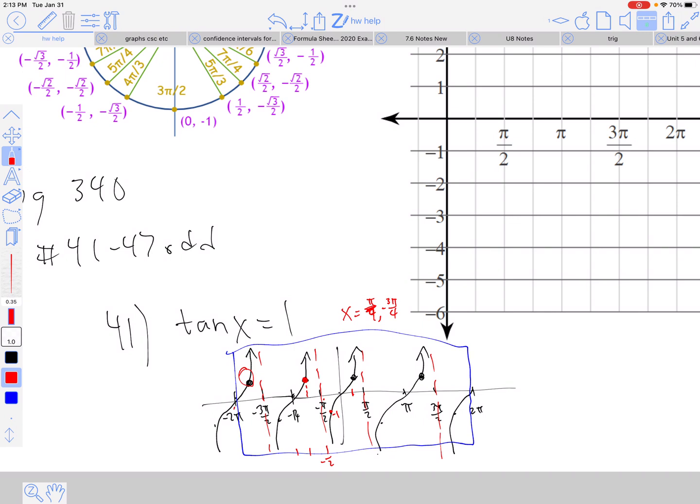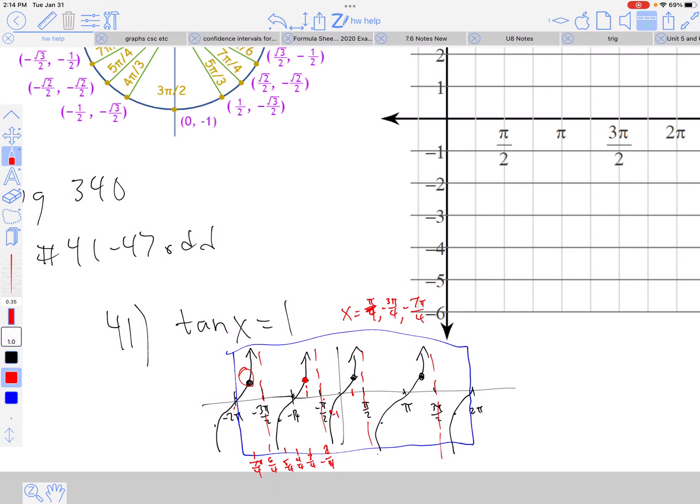So that'll be 2 fourths, 3 fourths, 4 fourths, 5 fourths, 6 fourths, 7 pi fourths. So negative 7 pi fourths.